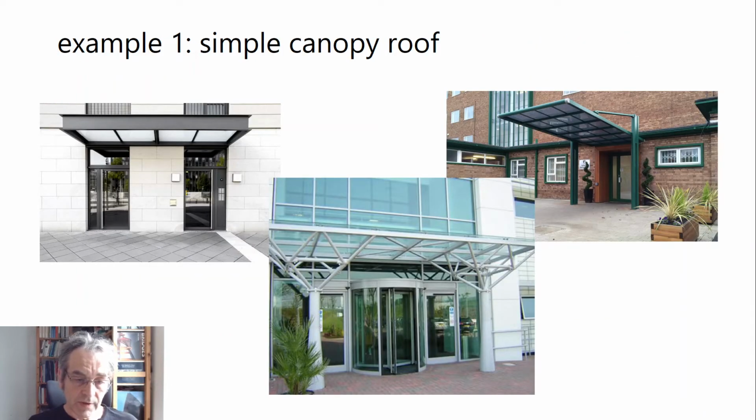So what I'm going to do is just demonstrate this through a very simple entrance canopy, designed to come in all different shapes and sizes, from the very simple cantilevered example shown on the left to examples where we're also making use of structure below or above the flat roof, as you can see.